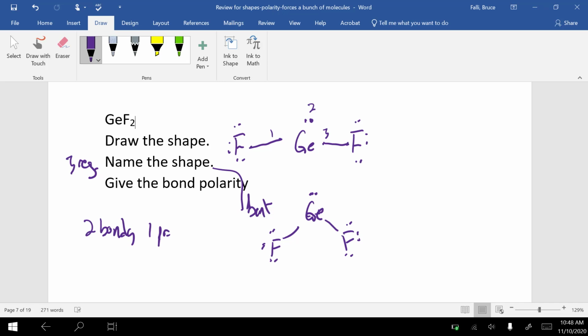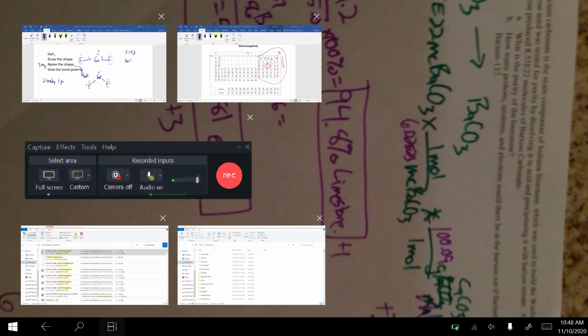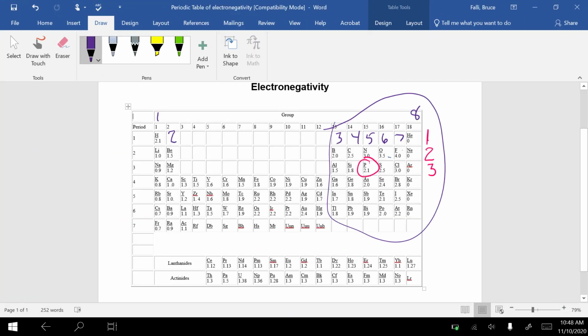Okay, so now I have to get the bond polarity. So F is 4.0, Ge is, I forgot. I didn't look, to be honest with you. Ge is 1.8.